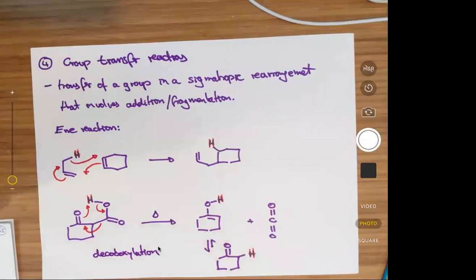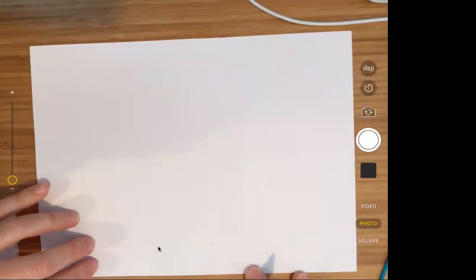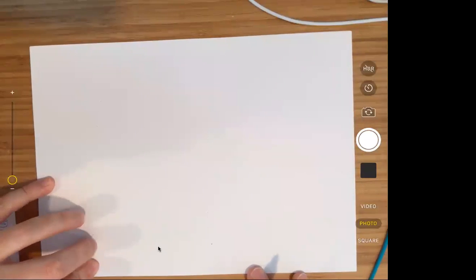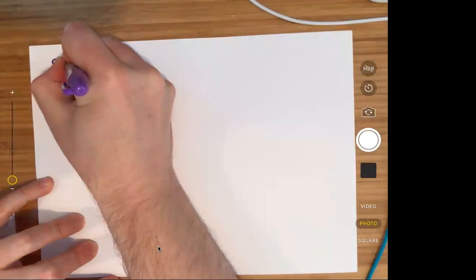Now, the last one that we have seen before already, we kind of hinted at that a little bit, is the group transfer reactions that we saw as part of the reduction of double bonds. And this is basically the reaction of diimide with alkynes or olefins.